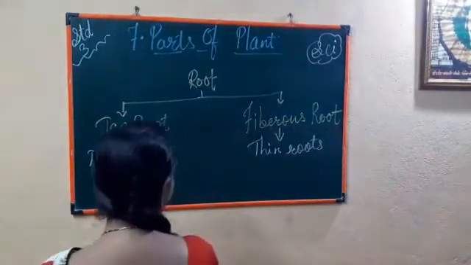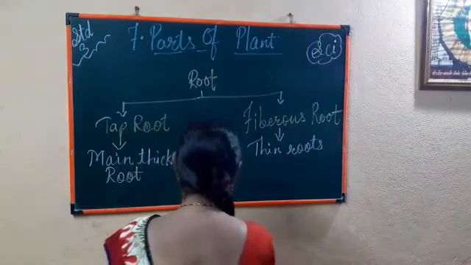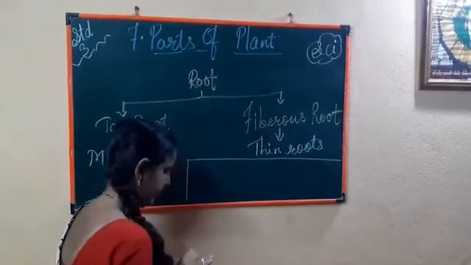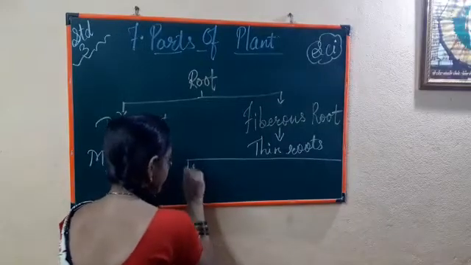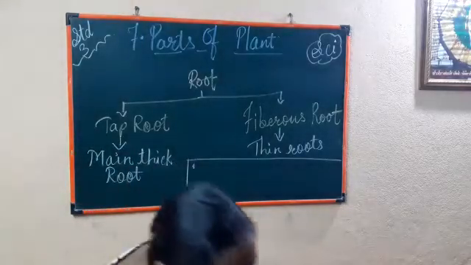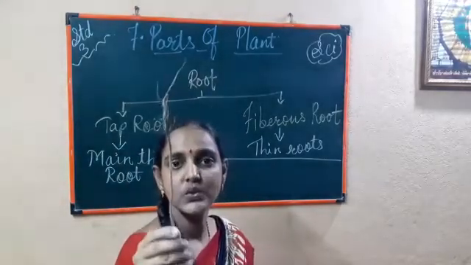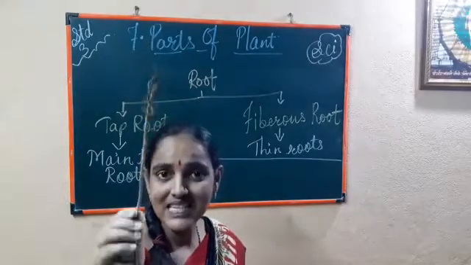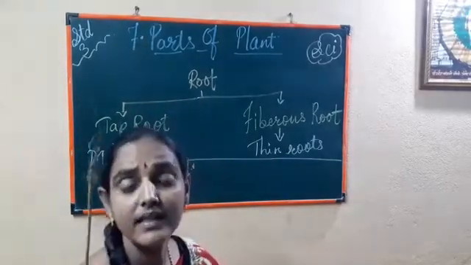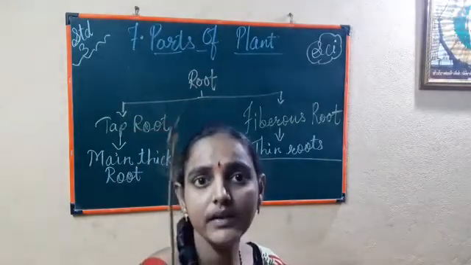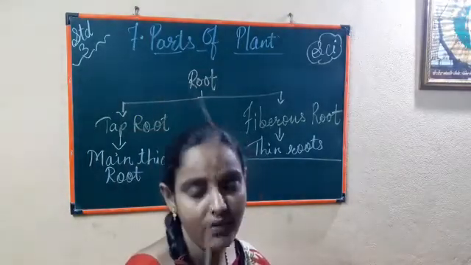Now the functions of the roots, okay. Now we are going to see the functions. As these roots are fixed in the soil, what is its main function? Its main function is to absorb the water and minerals from the soil.